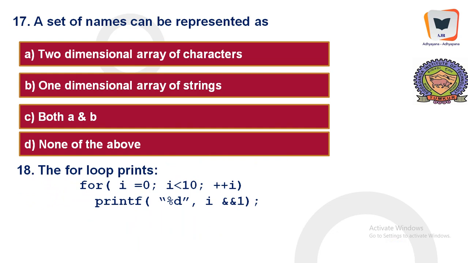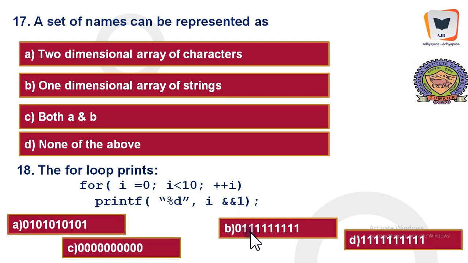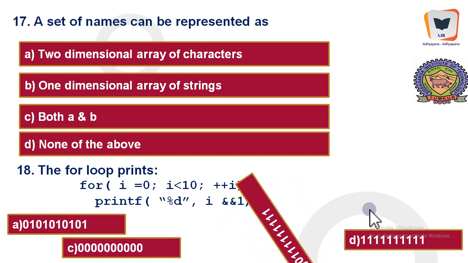Yeah. 0 and 1, 0. 1 and 1, 2 and 1. 1 is true. True and true. For up to 9, it is true and true only. Therefore, it should be 0 followed by 9 ones. This should be the correct answer.